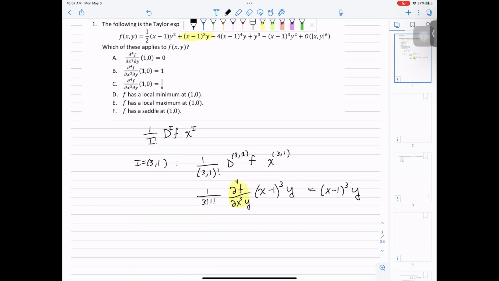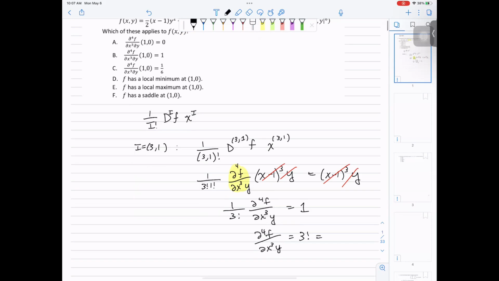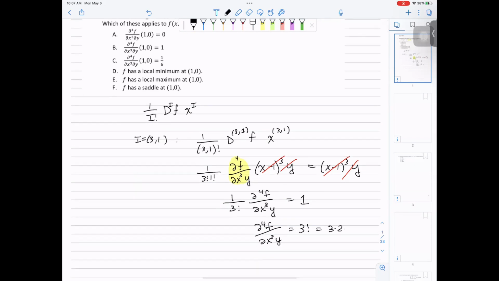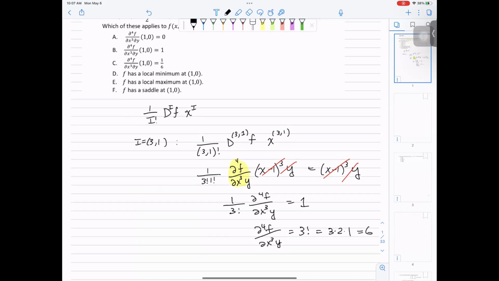So what are the coefficients? I have 1 over 3 factorial. This partial, it should equal 1, because I can imagine canceling this out. So I get this equals 1, which means that the partial of x 3 times y 1 time is 3 factorial. What is 3 factorial? You go 3 times 2 times 1, which is 6.